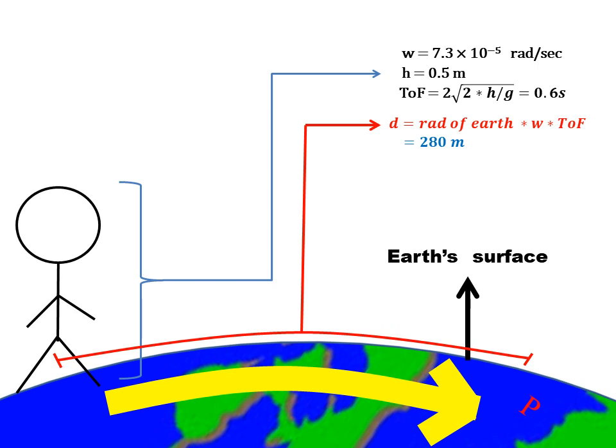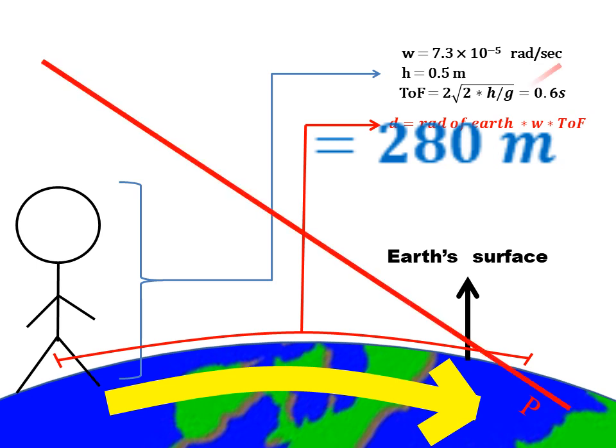For a jump of 0.5 meter height, this distance is approximately 280 meters, which means that if you make a vertical jump of 0.5 meter height, you are expected to land at a distance of 280 meters away. But in real life, this is not what we see. We know this is wrong.